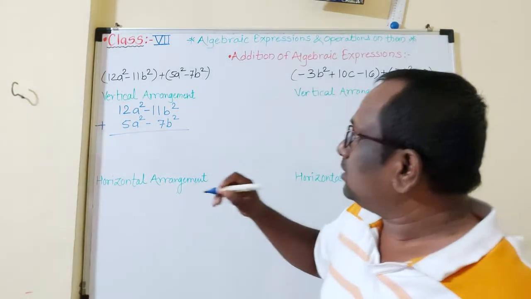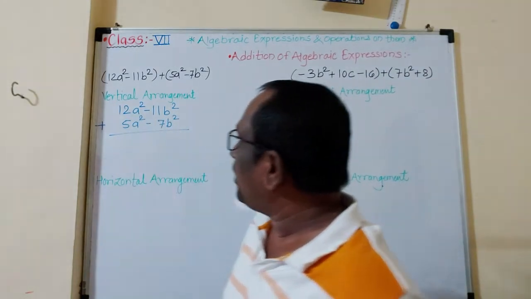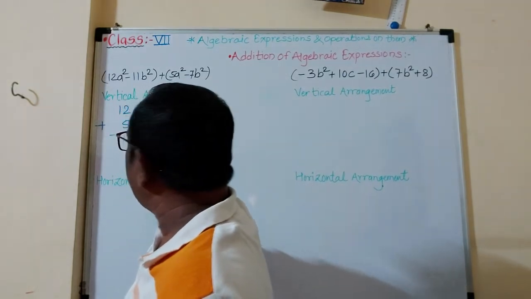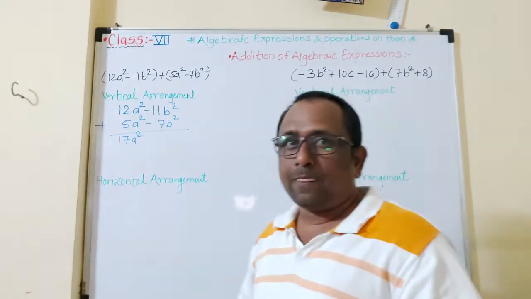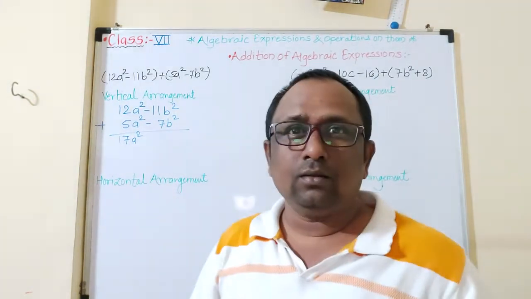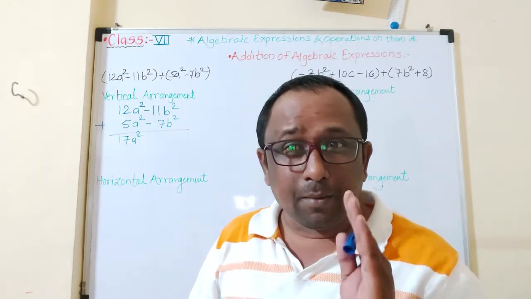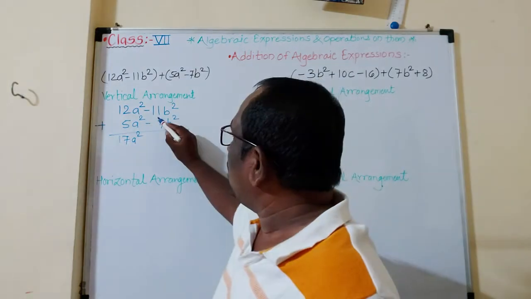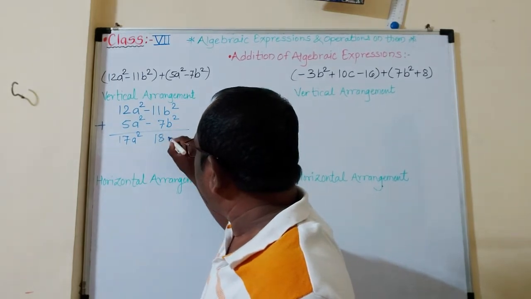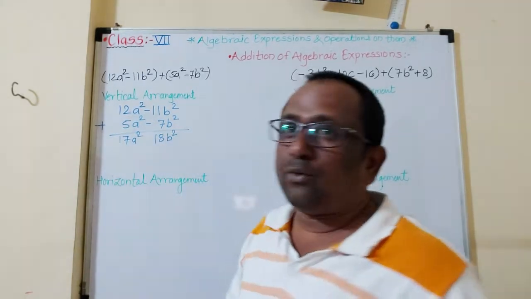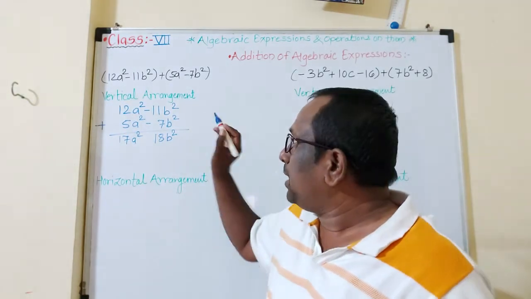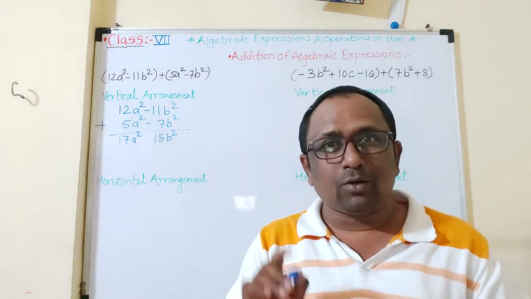Now here, students, first 12 plus 5, so here 17a². Now minus minus plus, so 11 plus 7 is 18b², and which sign do we have to give here? I told you, take the sign of the bigger number.